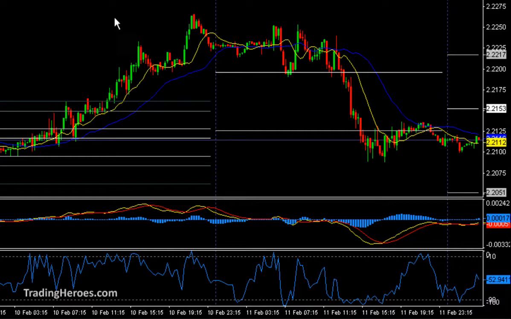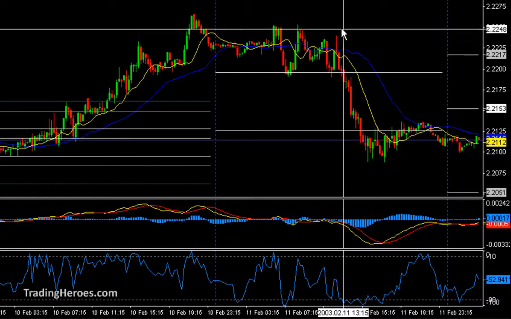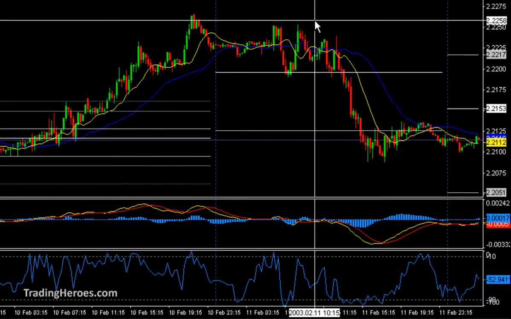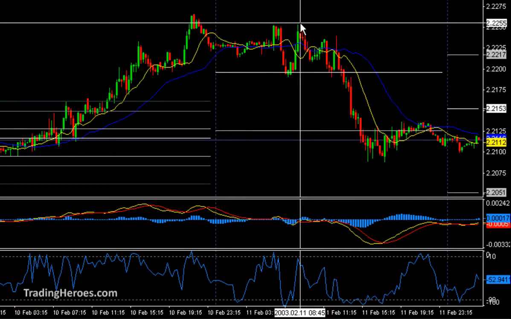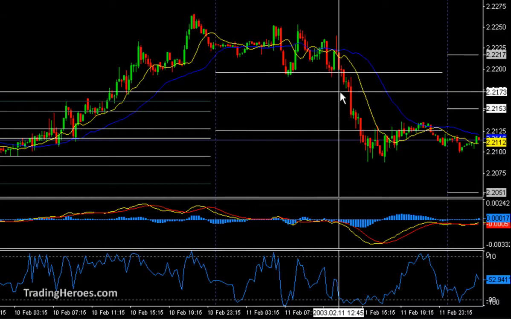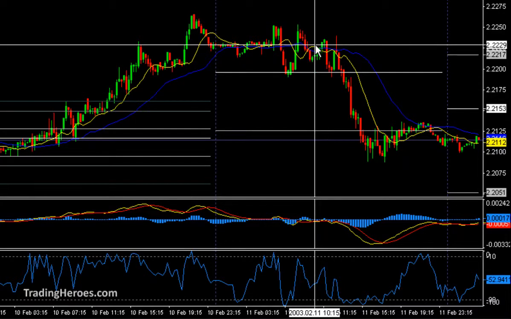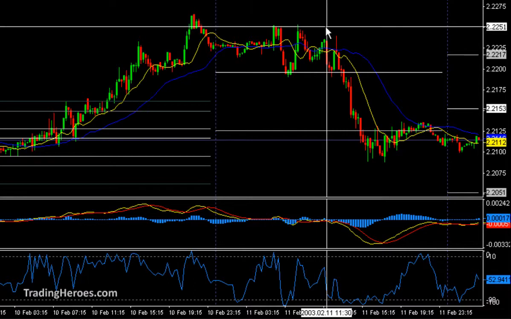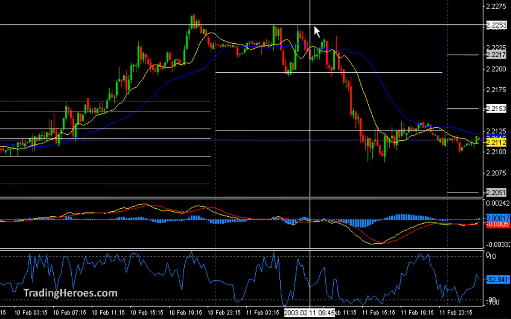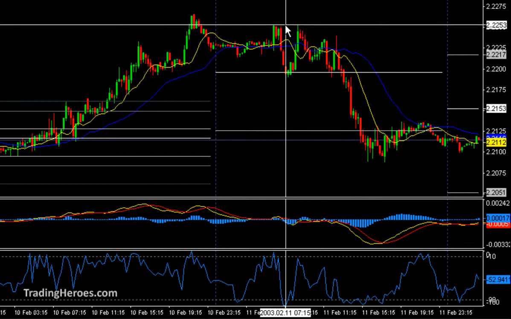What my London trade tries to do is find the cheapest place to get in for that day. So I'm looking to get pretty close to the top or the bottom for that day. In this case, going into London, we're looking at this price action here.